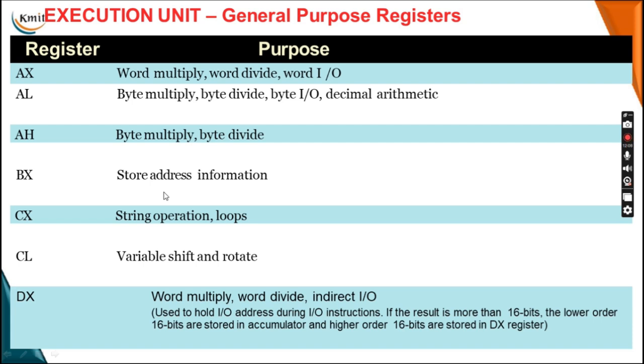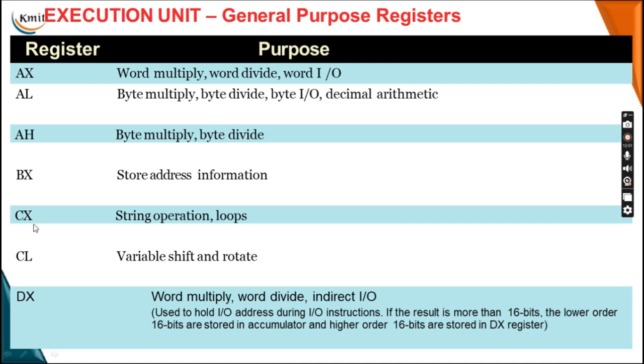Okay, so we have segments, which is the data segment. In that data segment, what is the starting address of the memory location? We can store that address information in BX. Again, it can be split into two different 8-bit registers, each holding 1 byte of information, BL and BH. Getting a point?